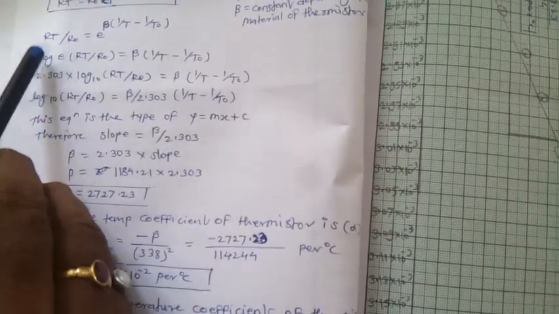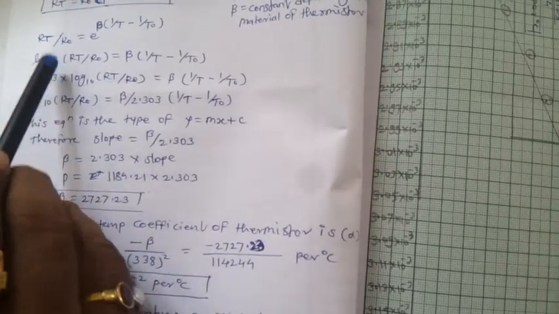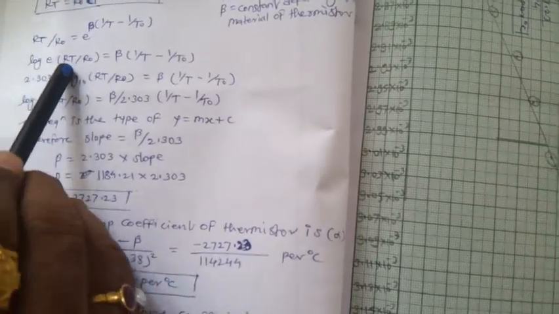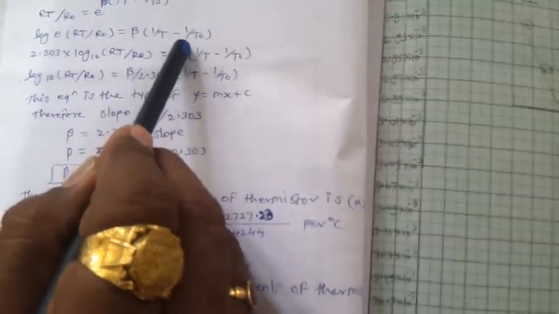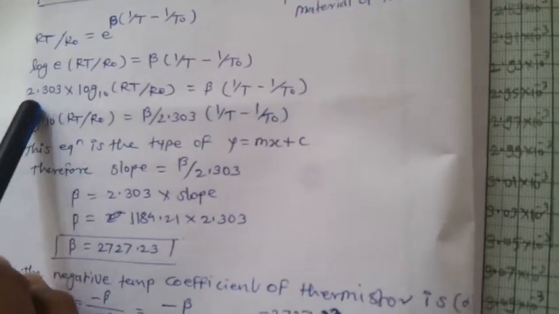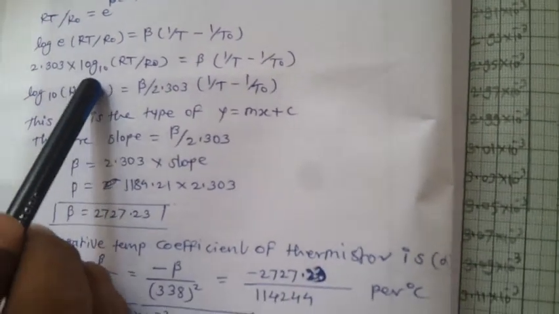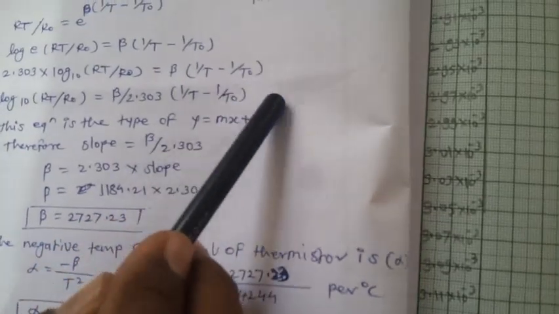At the left-hand side, RT upon R0 becomes log to the base e of RT upon R0, equal to beta into bracket 1 upon T minus 1 upon T0. Then 2.303 into log to the base 10 of RT upon R0 is equal to beta into bracket 1 upon T minus 1 upon T0.